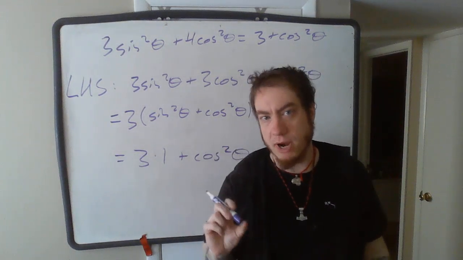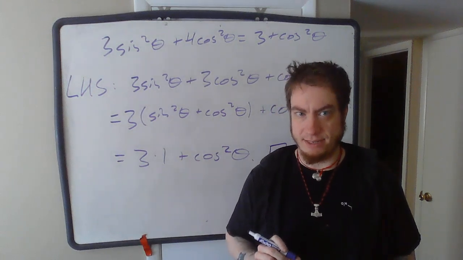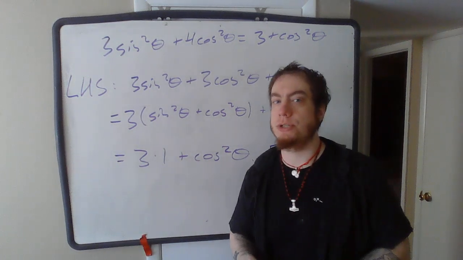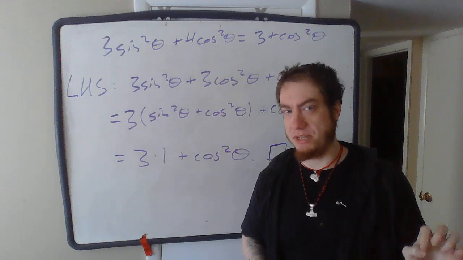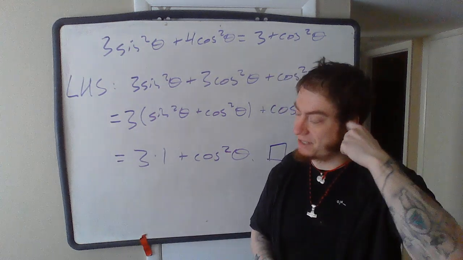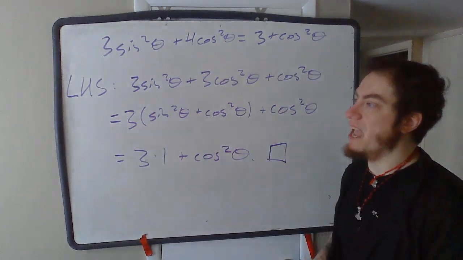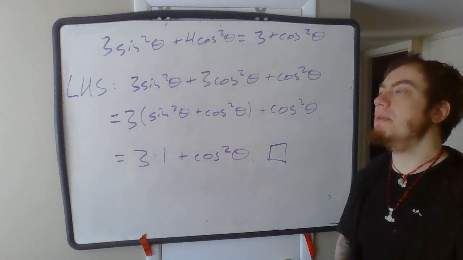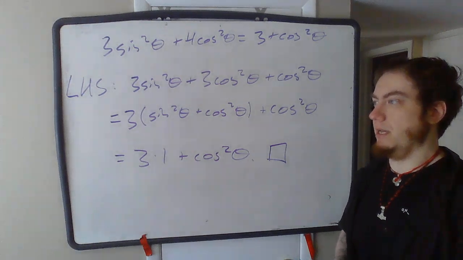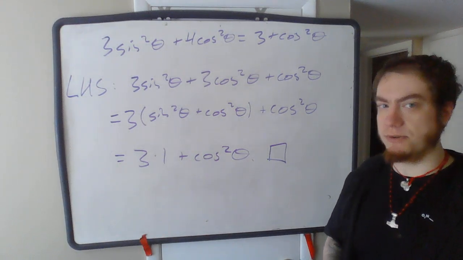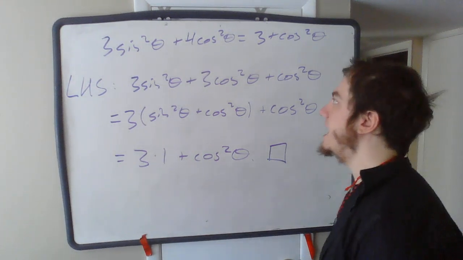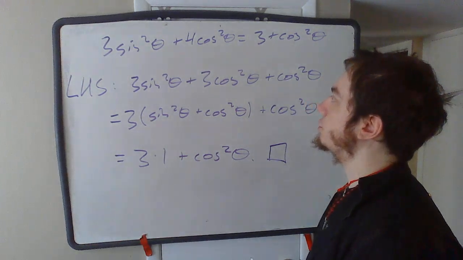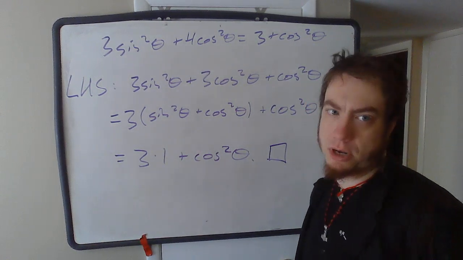I want to reiterate that when you are proving these identities, you don't want to just assume they are true and start messing with both sides at once, okay? It's tempting to say, oh, we have an equation, we can start doing things to both sides. Well, the problem is that subtle issues can crop up when you start doing that, and it's usually not worth trying to avoid those subtle issues.